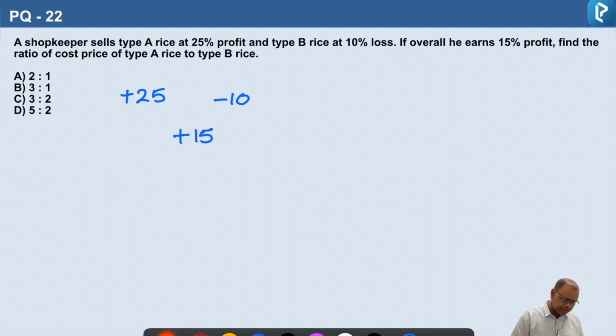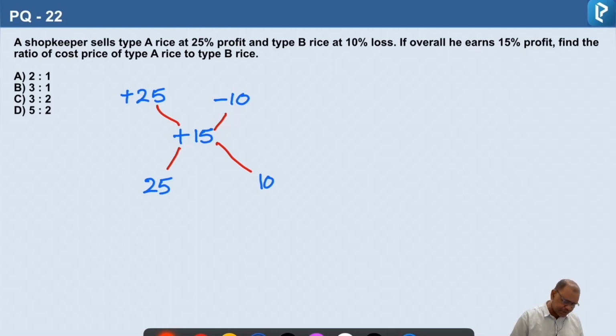Now let us find the differences. The difference of 25 and 15 is 10. And the difference of 15 and minus 10 is 25, because 15 minus of minus 10 is plus 10, that is 25.